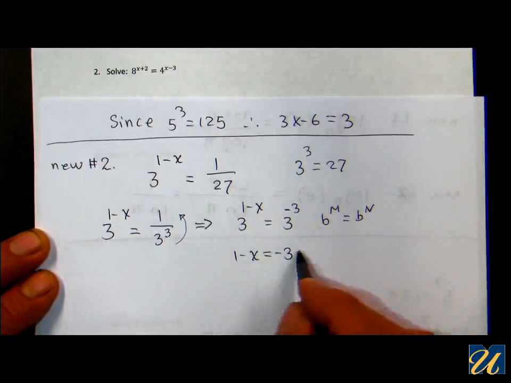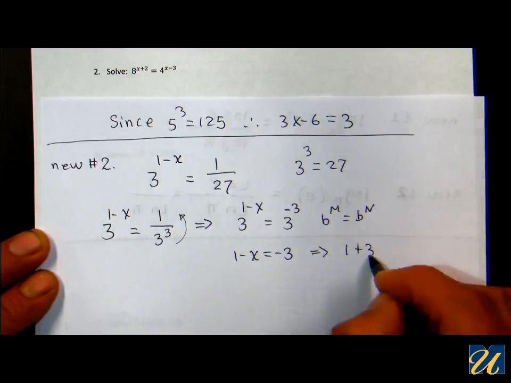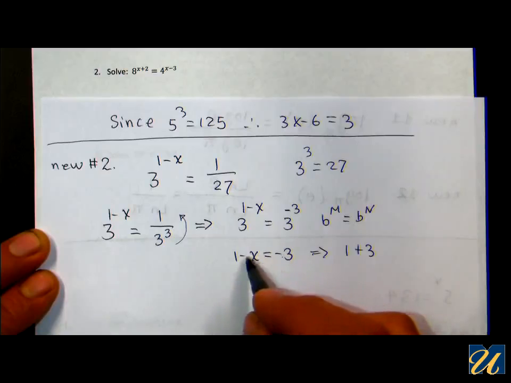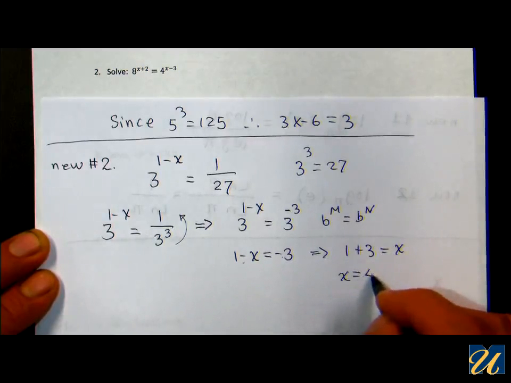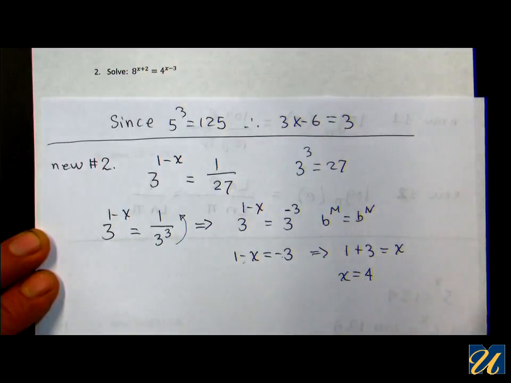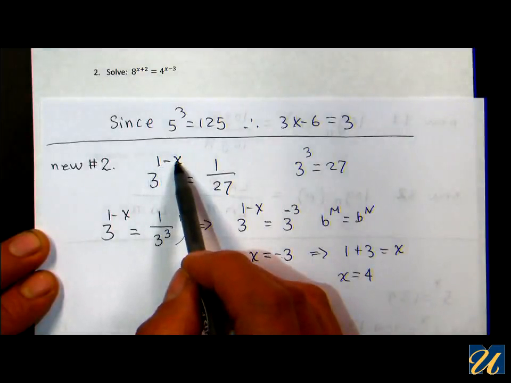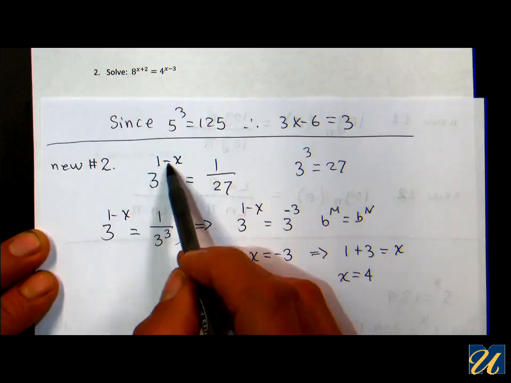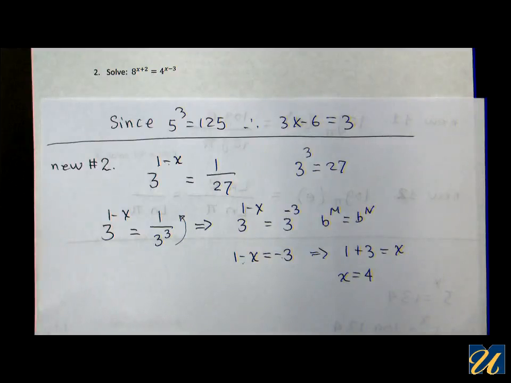Let's bring the x over: adding 3 to both sides and adding x to both sides, we get x equal to 4. Check: 1 minus 4 is negative 3, and 3 to the negative 3 means 1 over 3 to the third power, which is 1 over 27. So there's our new problem number 2.